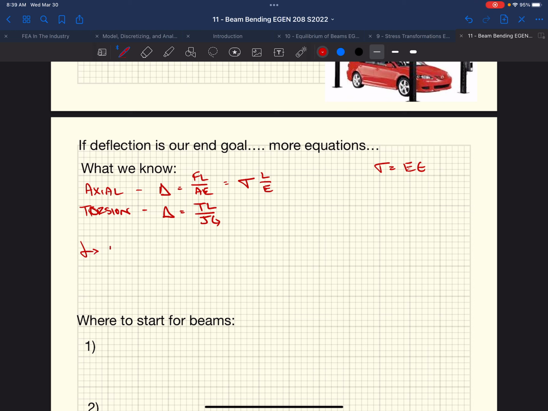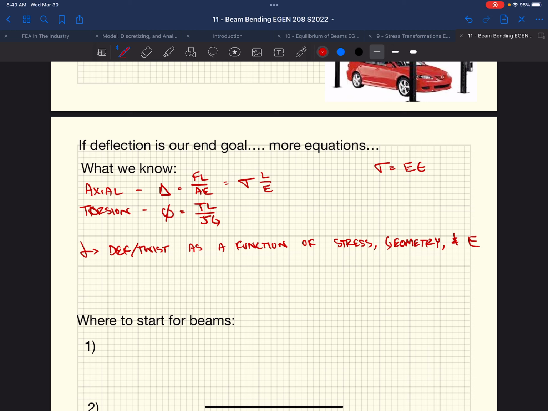Well, it gave us, sorry, phi, which was twist, as a function of stress, geometry, and our modulus of elasticity, right?